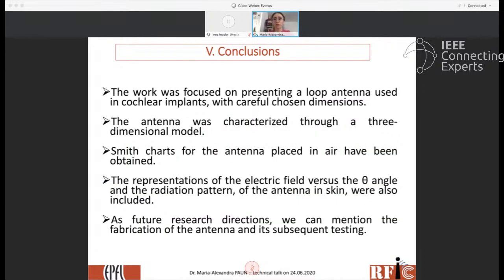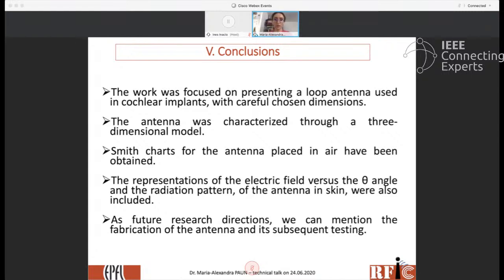Okay, so now I shall conclude the first part of my talk, which was really focused on presenting cochlear implants and the 3D physical simulations to evaluate and assess the performance and to optimize these types of antennas in cochlear implants. So we had the antennas with carefully chosen dimensions, which suit the patient.